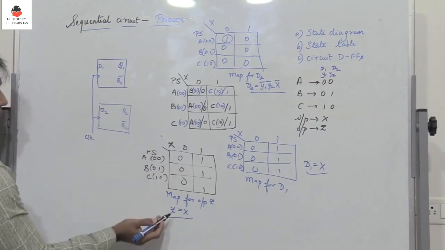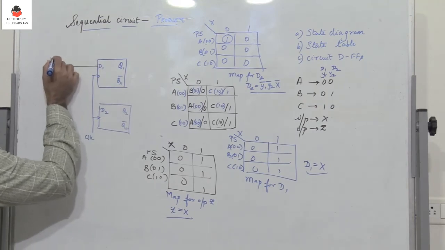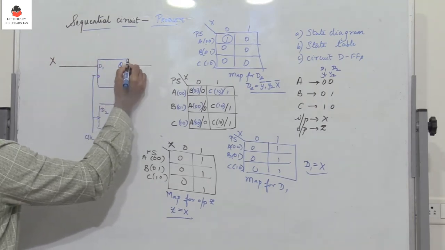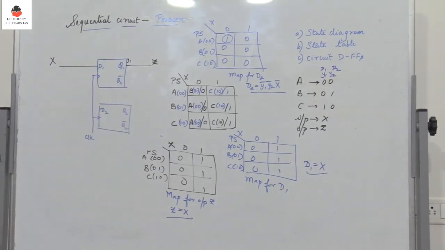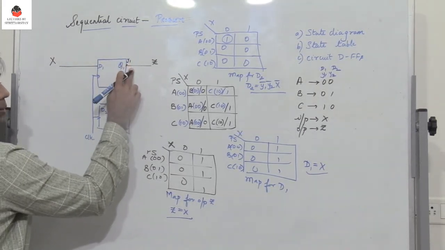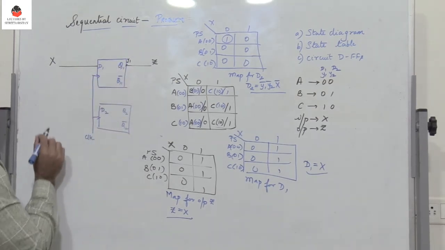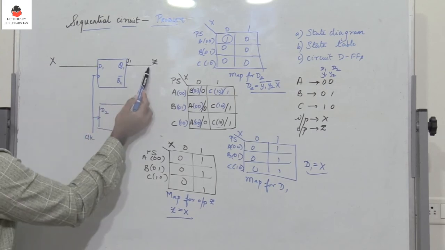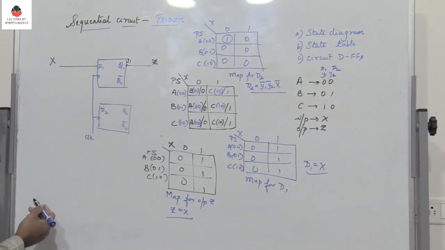Now we find that the output Z is nothing but X. So this is the input X and this is Y1, and I get the output Z here. If X is 0, I get output Z equal to 0. If X is 1, I get the output Z equal to 1.